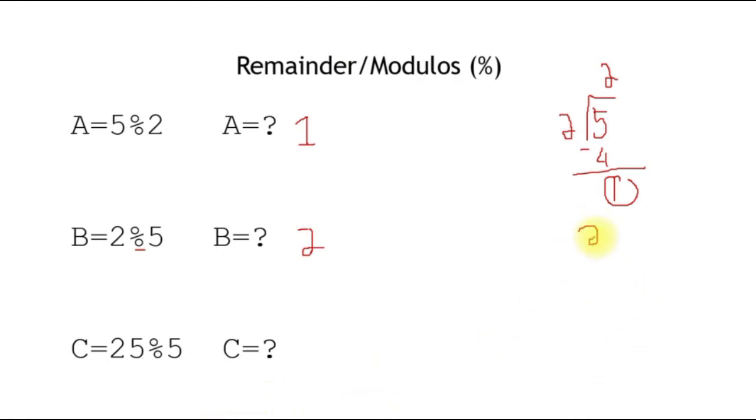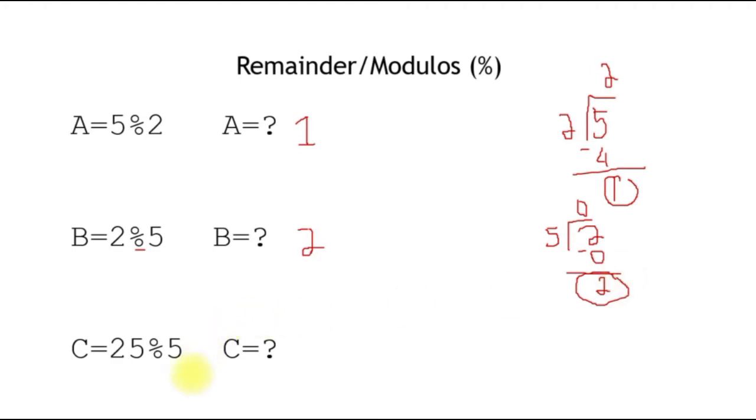So, 2 divided by 5. Okay? 2 divided by 5, 0. Yung quotient. 0 times 5 is 0. 2 minus 0, the answer is 2. Okay? So, 2 pa rin yung sagot. Okay na ba? Nag-gets na.